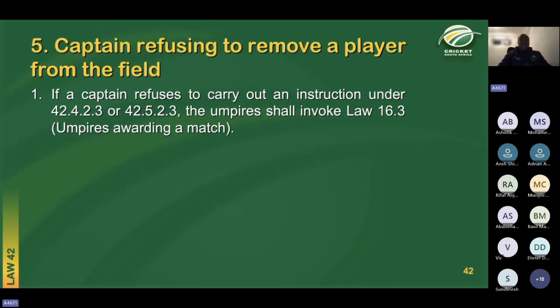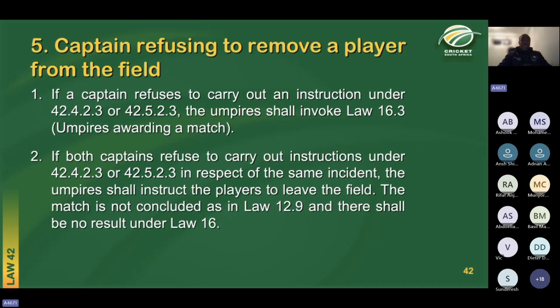The umpires shall take that refusal from the captain to remove the player who has committed a level 3 or level 4 offense. They shall take it as the team refusing to play, and as such will award the match to the opposing side. So very, very strict measures to be taken by the umpires.